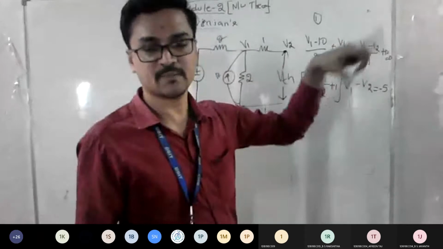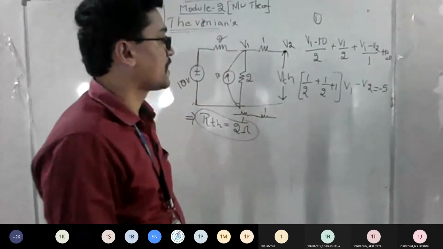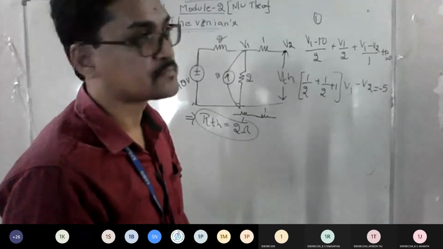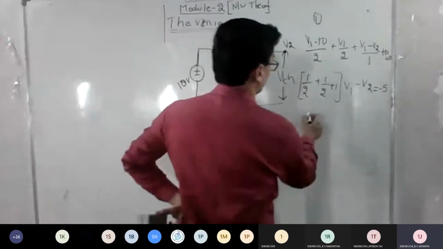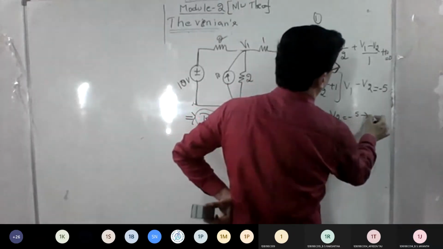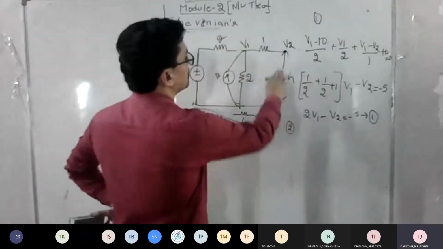If I transfer to the RHS, it becomes minus 5. So 2 V1 minus V2 equals minus 5. That is equation number 1.